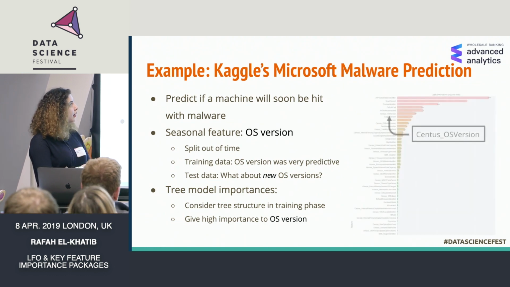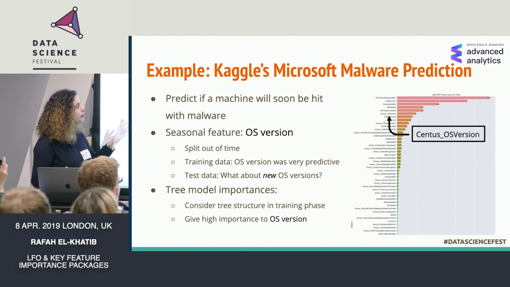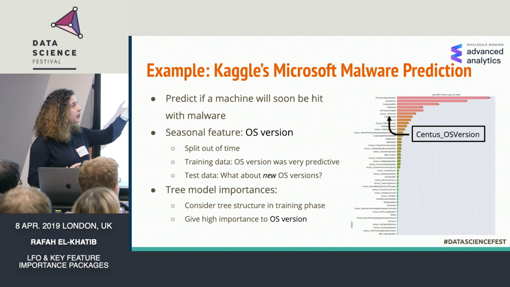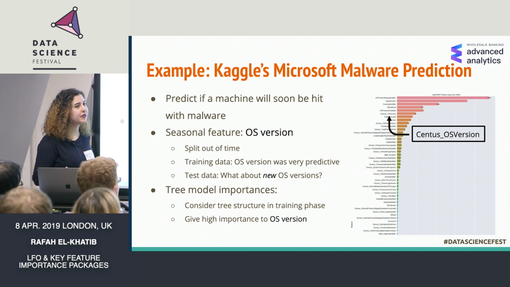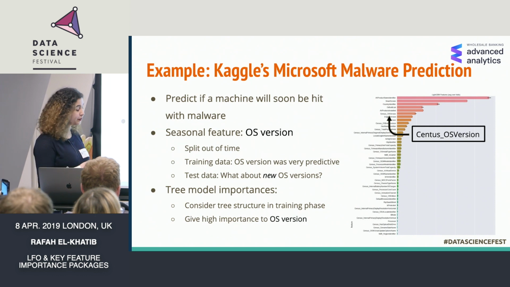I got this plot from a Kaggle kernel where they use LightGBM, and I think they use the gain importance. And it turns out for them that the OS version is the 6th most important feature. I'm going to show later how we can solve this problem.